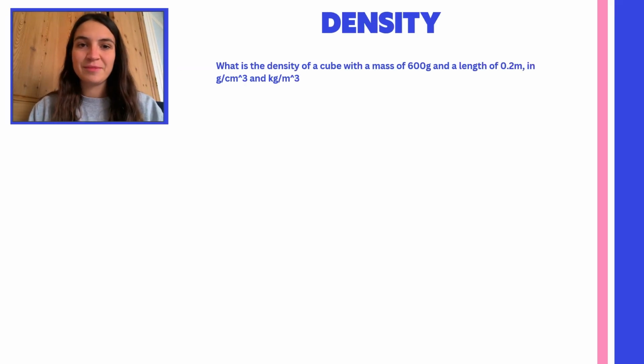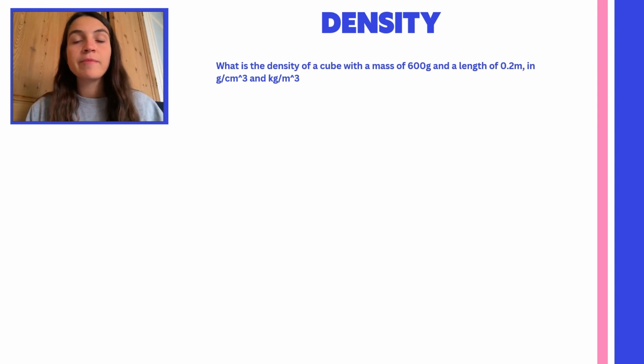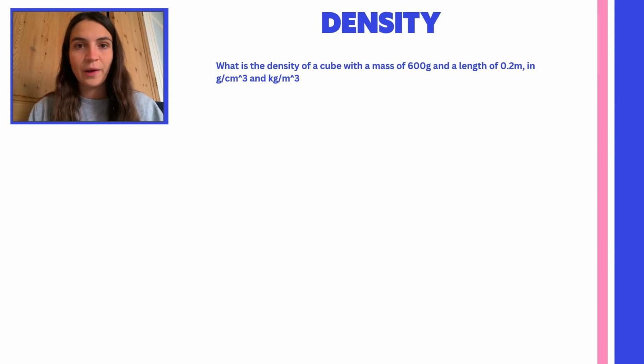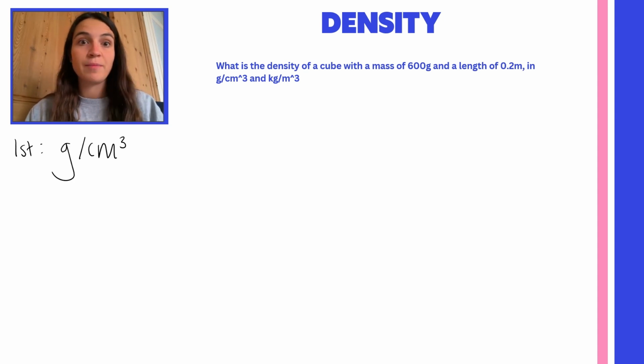Okay, let's have a go at some density calculations. We have: what is the density of a cube with a mass 600 grams, a length 0.2 meters, and I want it in grams per centimeter cubed and then kilograms per meter cubed as well. So I'm going to look at my grams per centimeter cubed first, and as always I need to think, what is my equation for density?